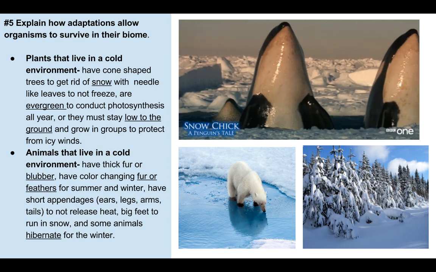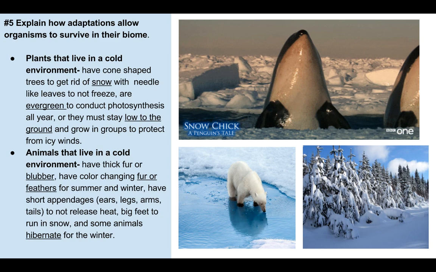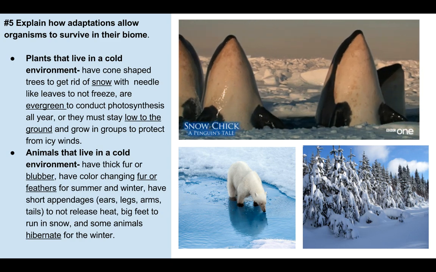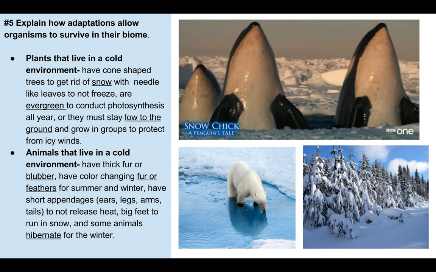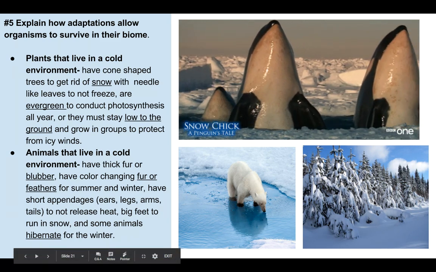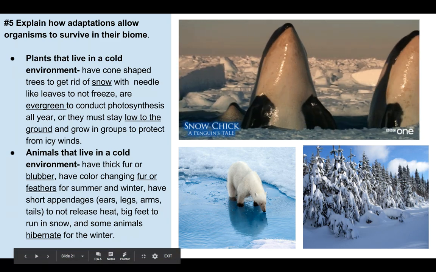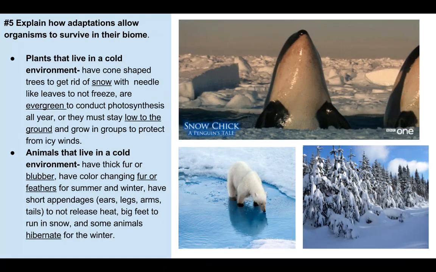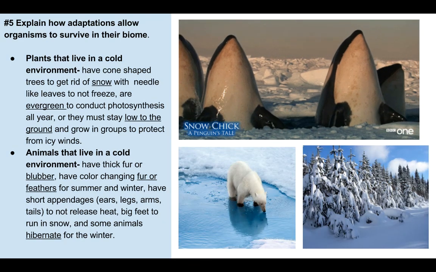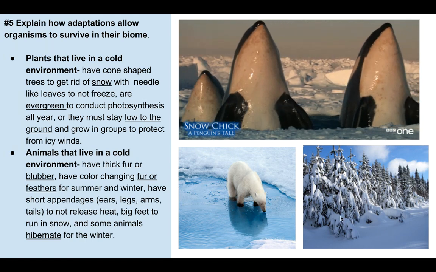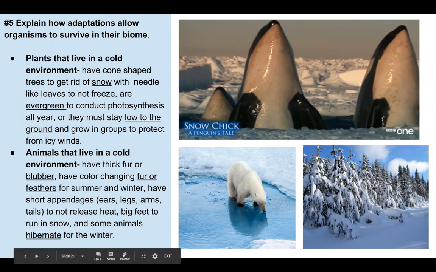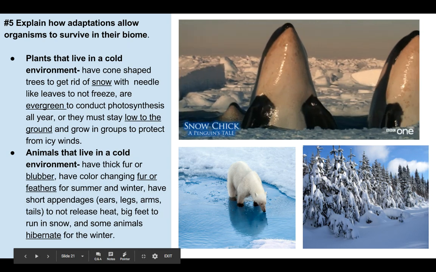So these are adaptations. These are ways that plants have adapted or changed over time to fit into their biome. So as we can see with this picture down here, they have needles that are not leaves, which help the snow to fall off, and it doesn't freeze and kill the branches.